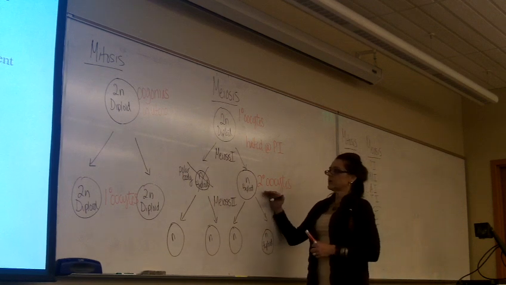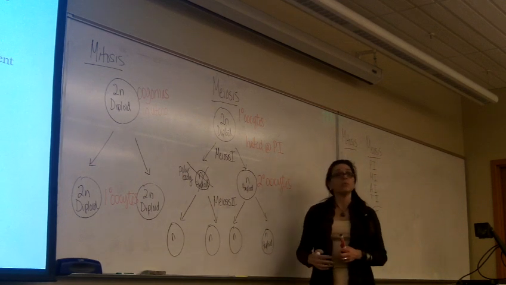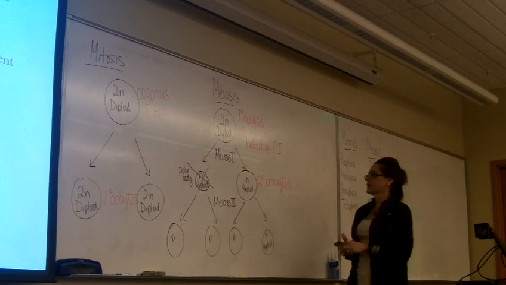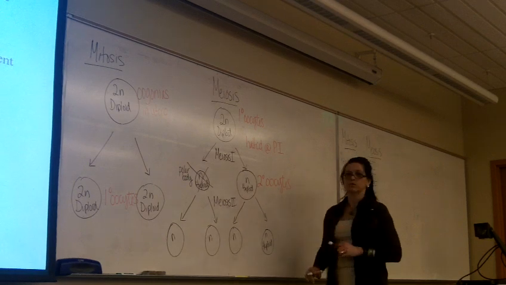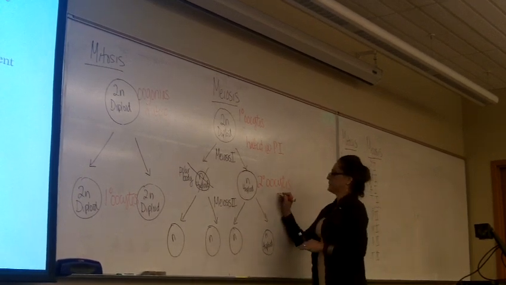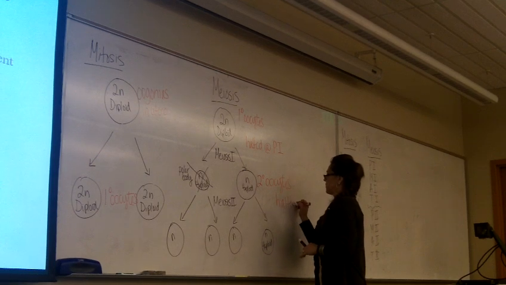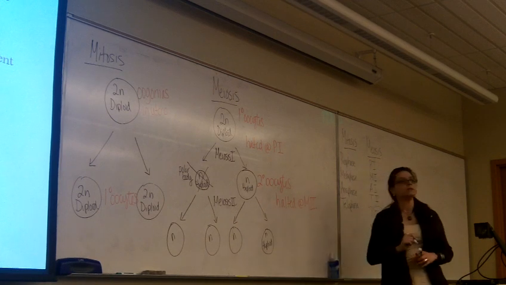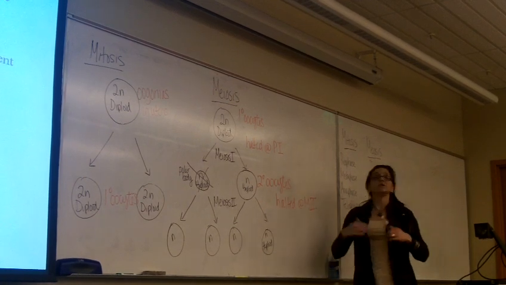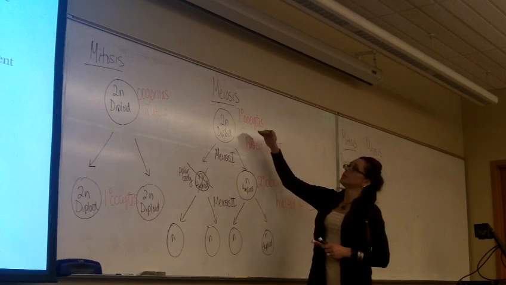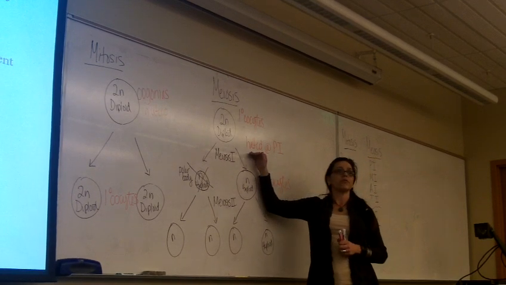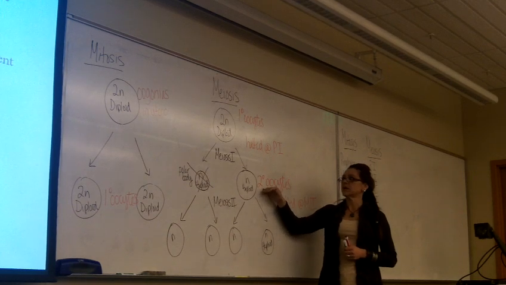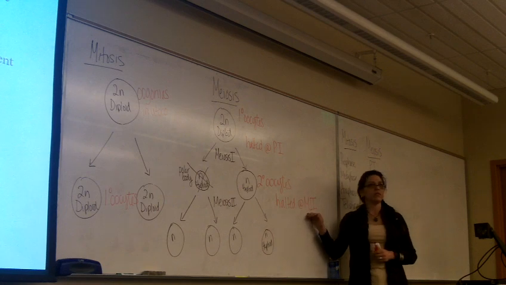Then that secondary oocyte will start going through meiosis 2, but again, it's not going to get real far. It's going to get to metaphase 2 and then be halted. Now again, it's going to take several cycles to go from a primary oocyte halted at prophase 1 to a secondary oocyte halted at metaphase 2.